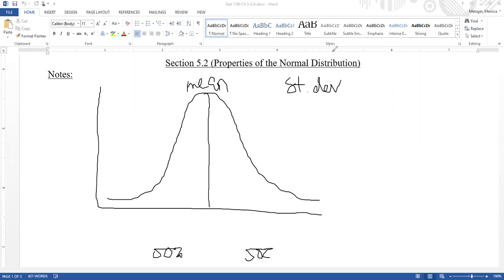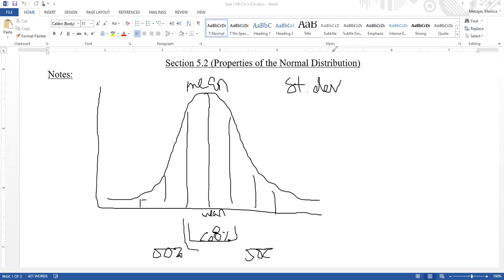To elaborate, if that middle part is our mean, about 68% of our data is going to be within one standard deviation.